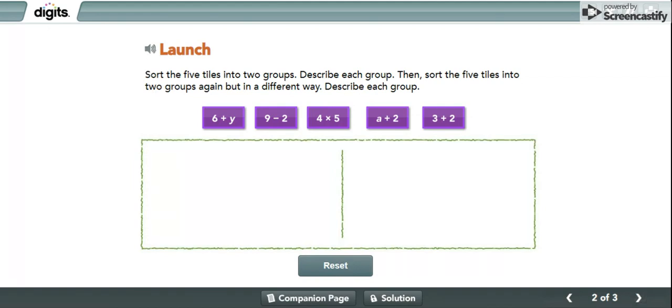So this says sort the 5 tiles into 2 groups. Describe each group. Then sort the 5 tiles into 2 groups again, but in a different way. So the first way I'm going to sort these is by expressions that use a letter and expressions that don't.